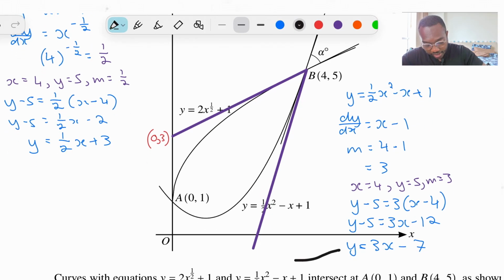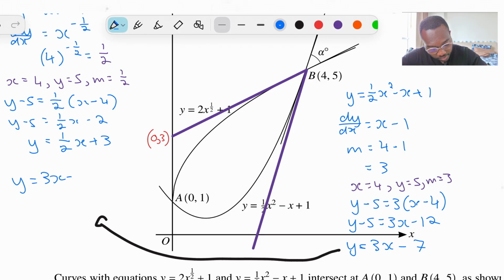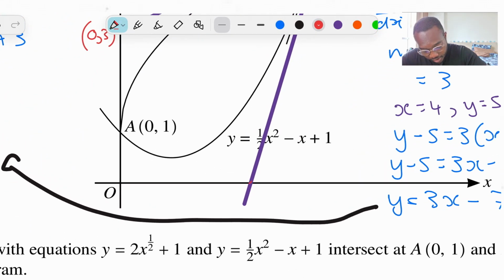We just need to make y 0, so you get 3x minus 7 equals 0, and if you rearrange that, you get x is equal to 7 over 3. So that tells us that this point here is (7/3, 0).